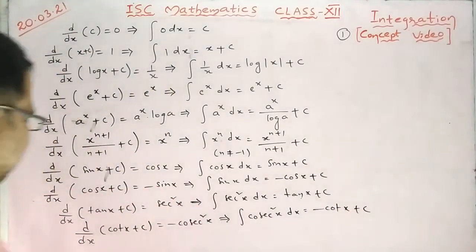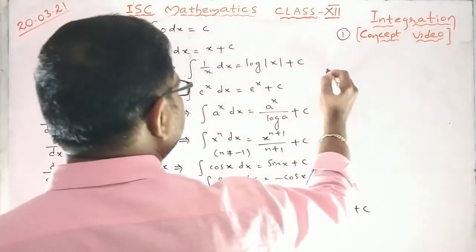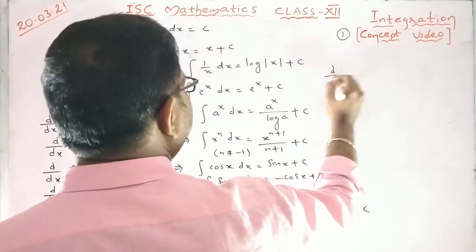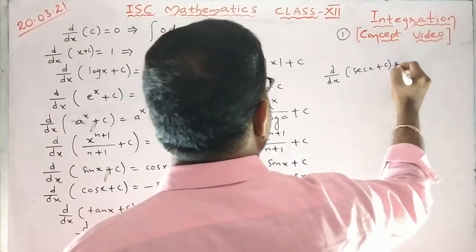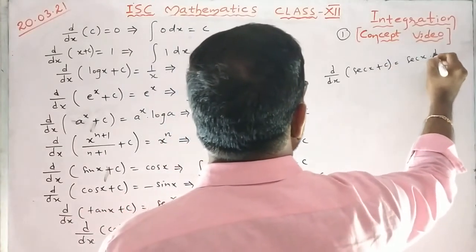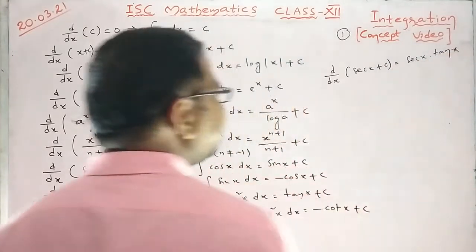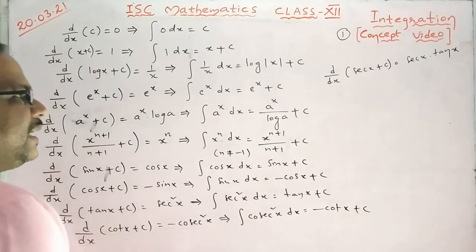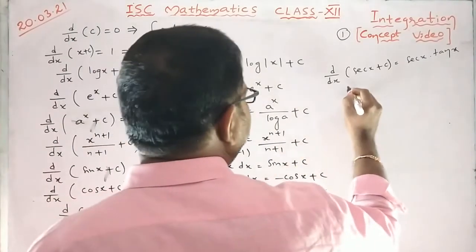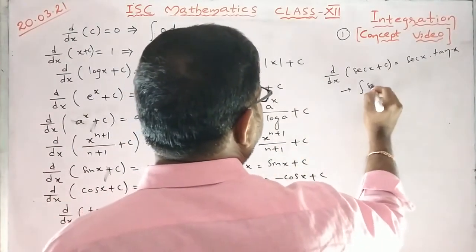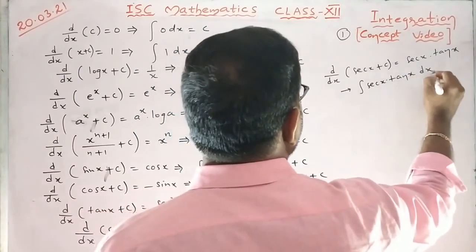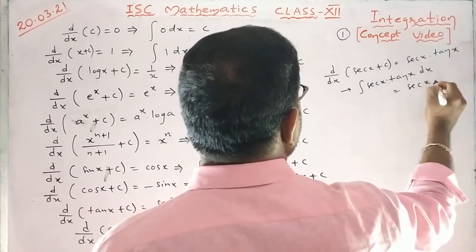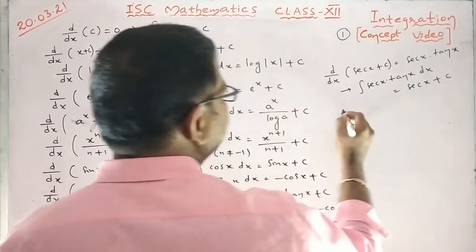Next, secant x also we can write. D by dx of secant x equal to secant x into tan x. So integral secant x tan x dx is secant x plus c.